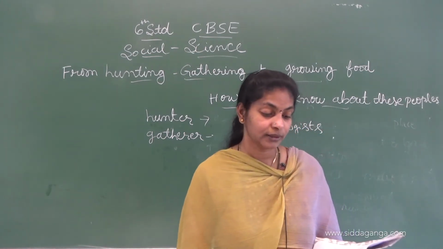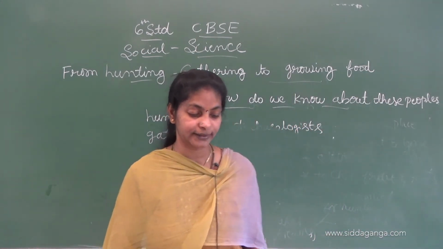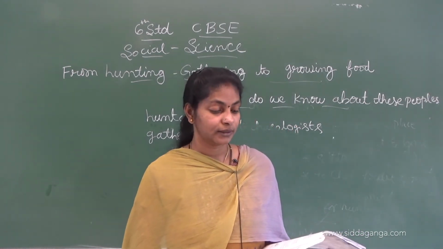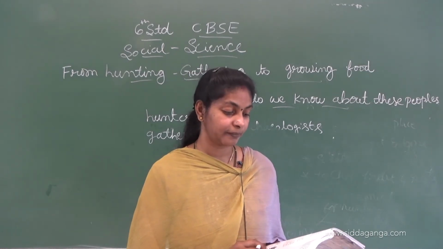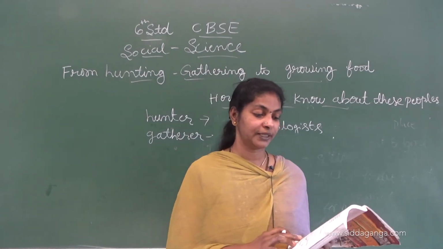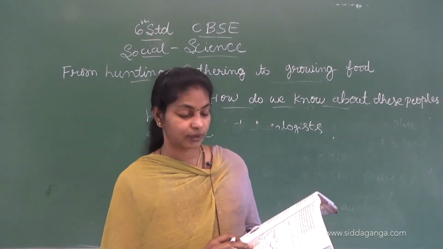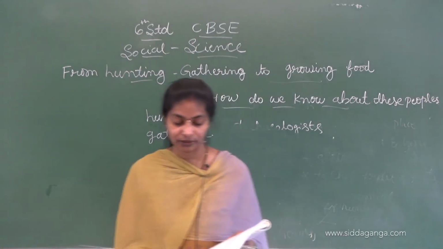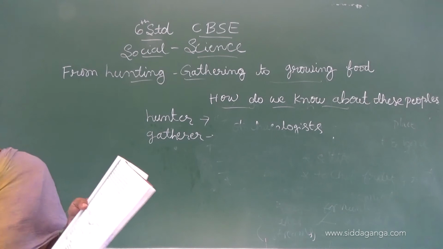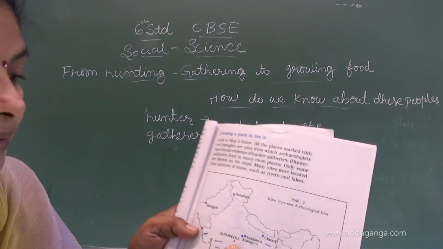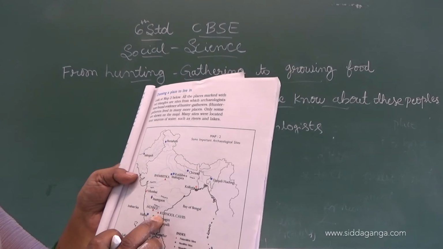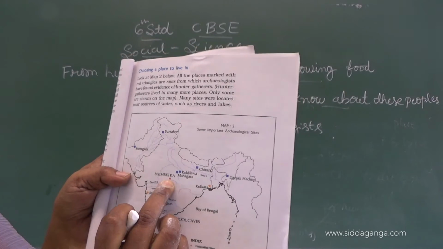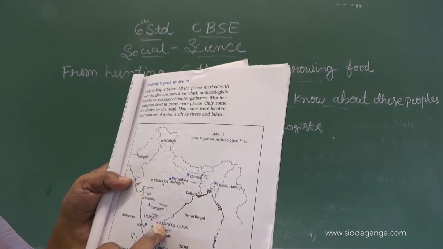Here the archaeologists found evidence of the hunters and gatherers. The red triangles show the places where the hunters and gatherers lived. Observe carefully: the Bhimbetka, Hunasagi and Kurnool caves.